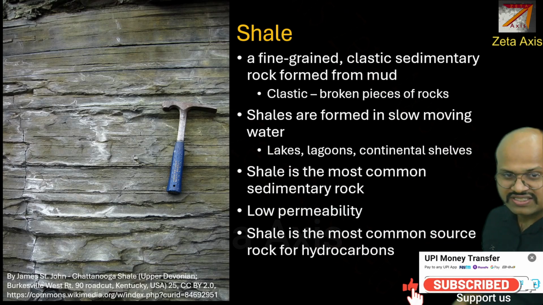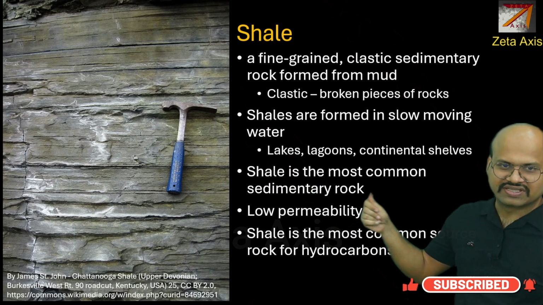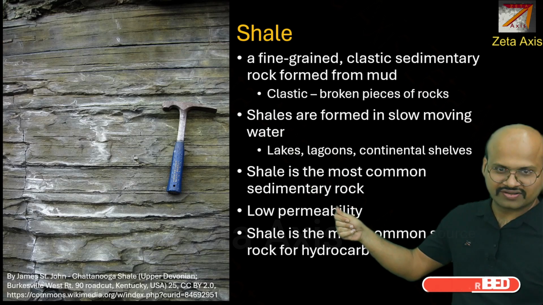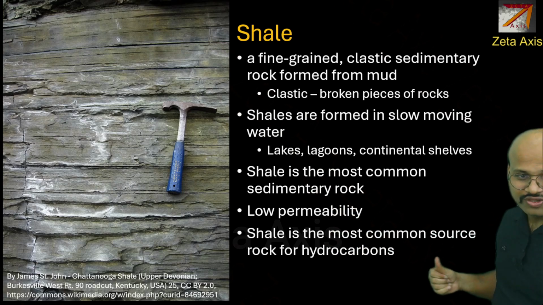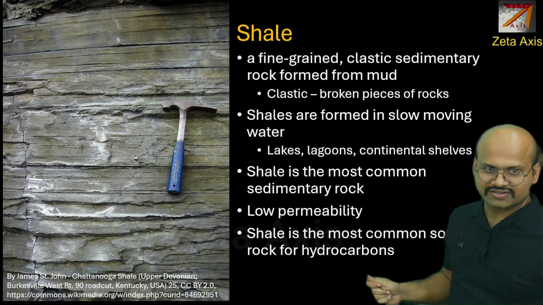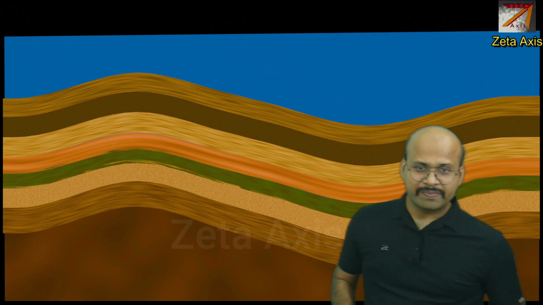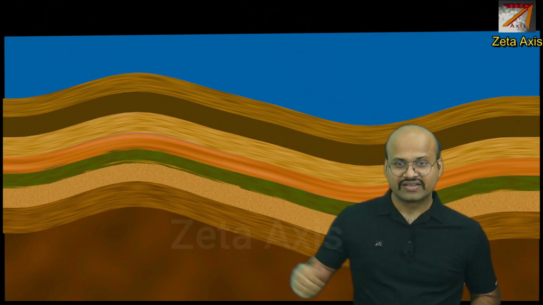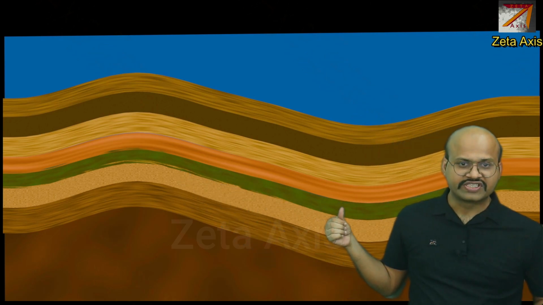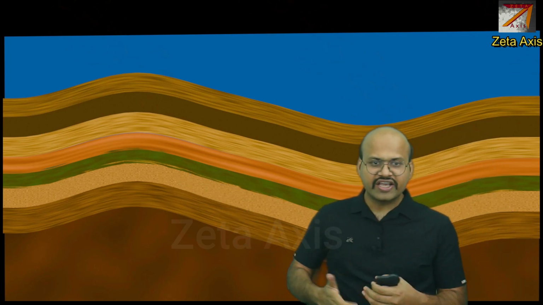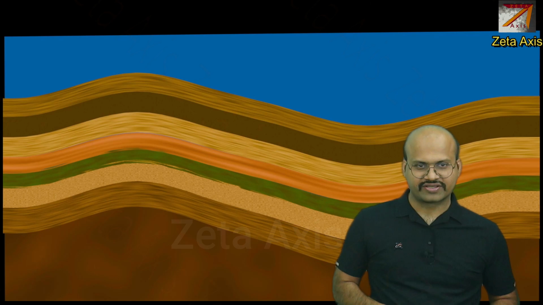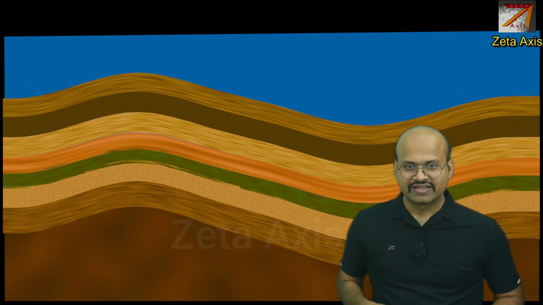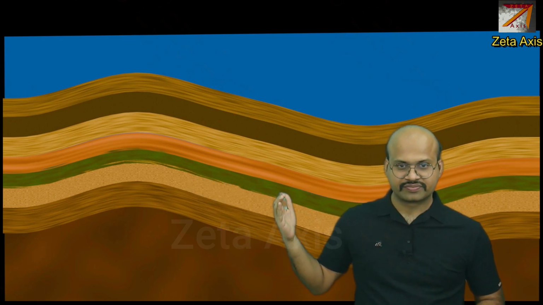And we can see that shale is the most common sedimentary rock in the ocean basin. And it is also the most common source of hydrocarbons. So the basic mechanism of formation of shale gas is that this is the layer which has the undecomposed parts of marine organisms, or this has the kerogen.